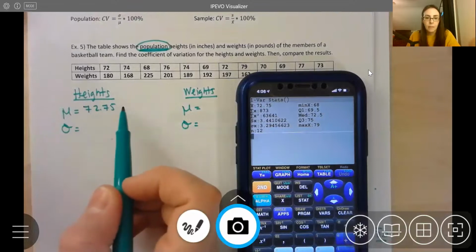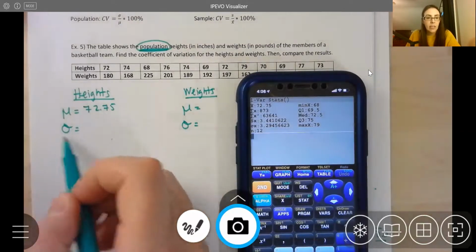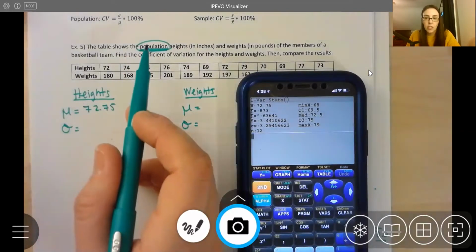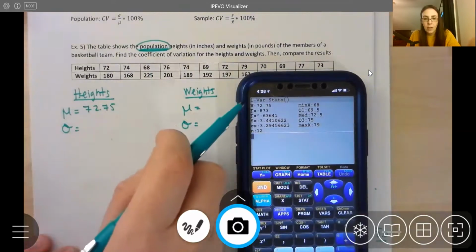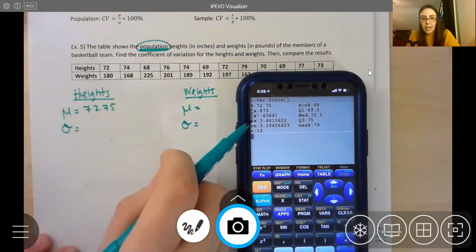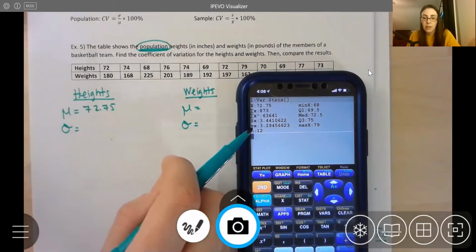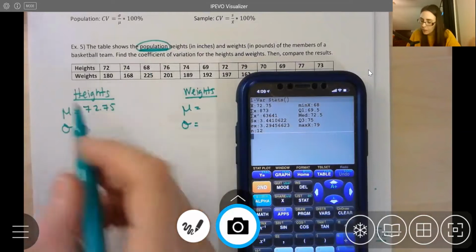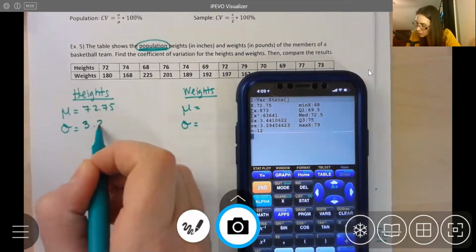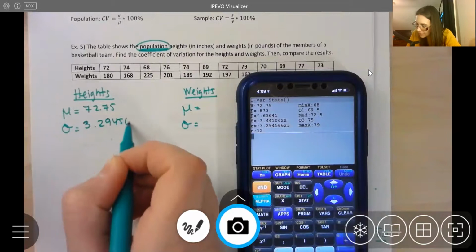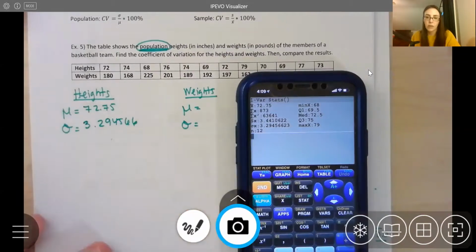Now, for my standard deviation, it is population data. On your calculator, they use Sx for the sample standard deviation and sigma x for the population standard deviation. So the one that I'm going to choose is this one, and it's 3.29456. I'm just going to write a few decimal places for now, so I have them.